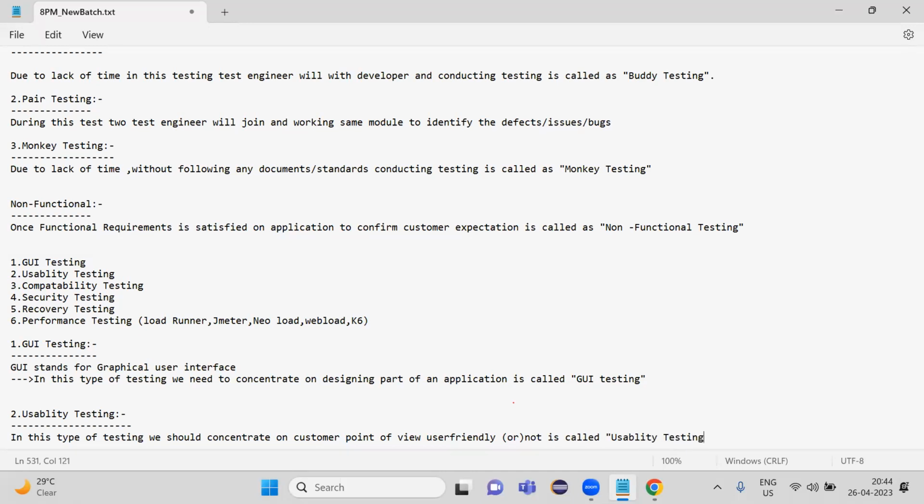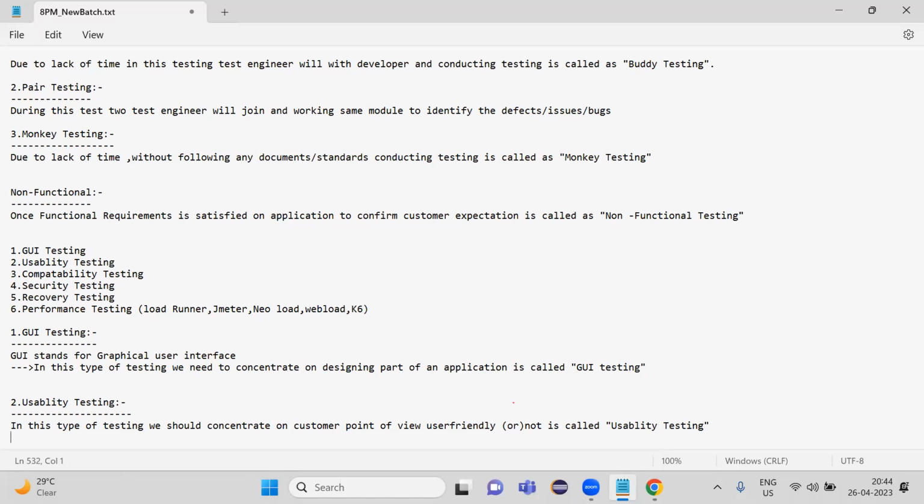See, suppose you have a mobile phone. Yes or no? Each and everyone is using a mobile phone. All are using touch only, right? Yes, sir. Okay. Under mobile phones, you have contacts, dial pad, and keyboard. If you want, you can dial. If you want, you can go to contacts.